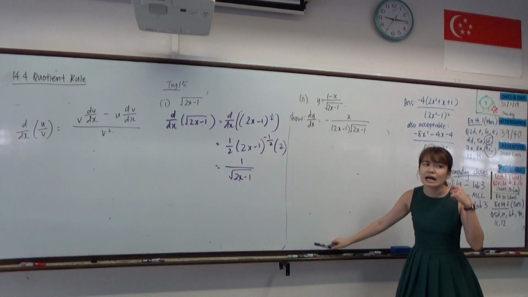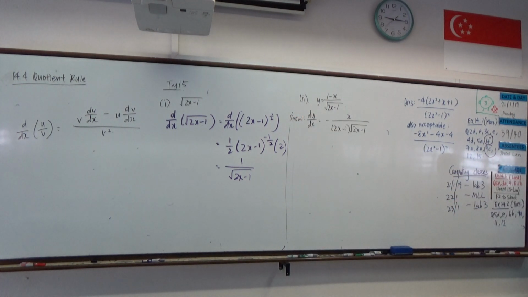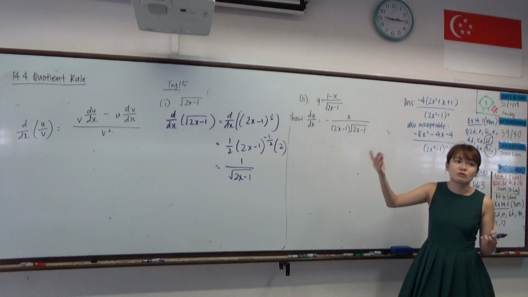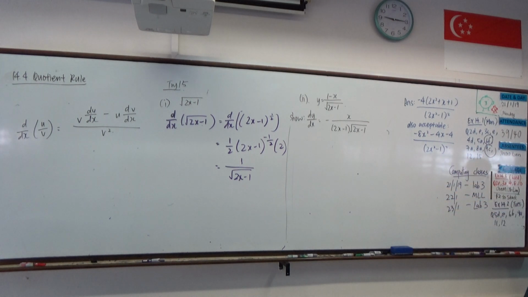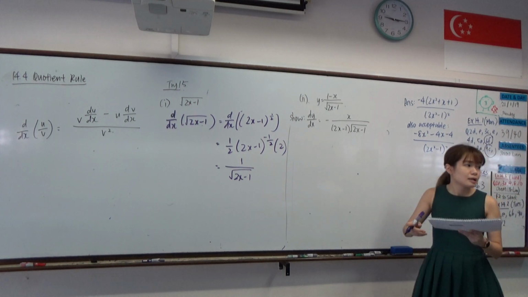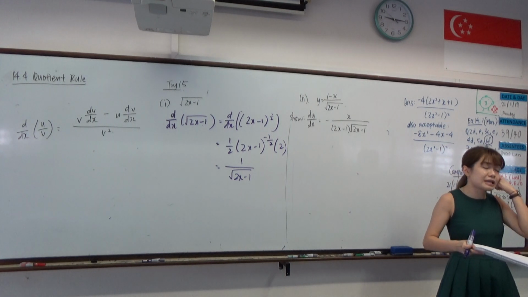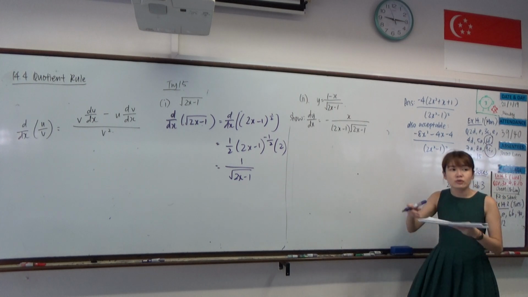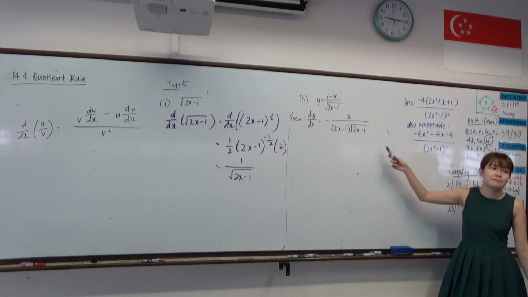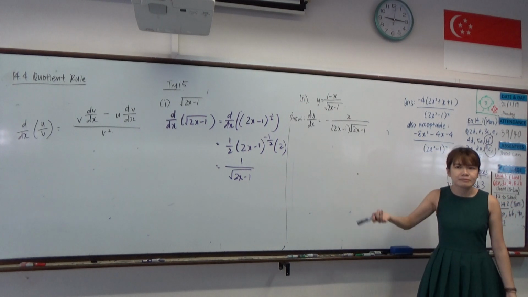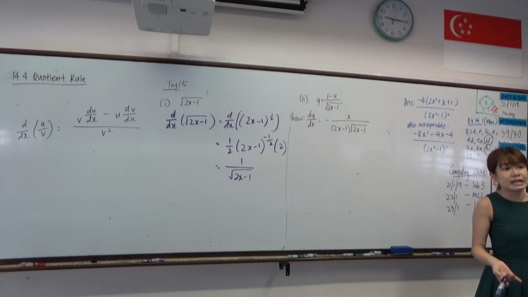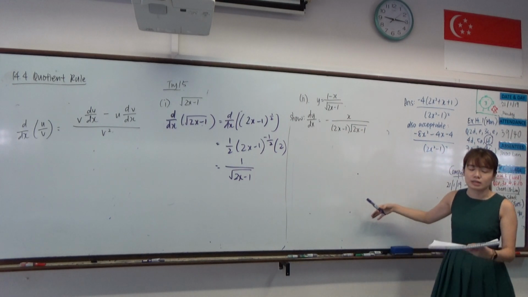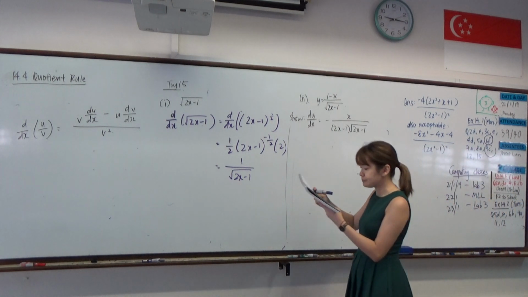They'll either ask you to show or they ask you to differentiate into a particular form, whereby they may not give you the numbers, they just represent it with a constant, like a and b. Yes, so they will tell you specifically how your answer should be. Usually that is the case, right? But we should actually practice it in that manner also to keep it as simple as possible. Because sometimes after that, when we learn about different applications of differentiation, having it compact like that would actually be better for our rest of the work.